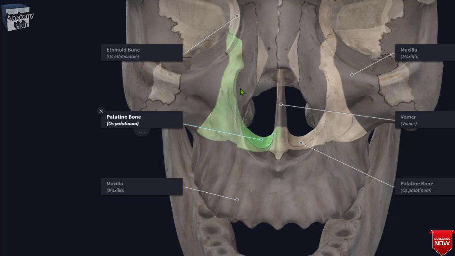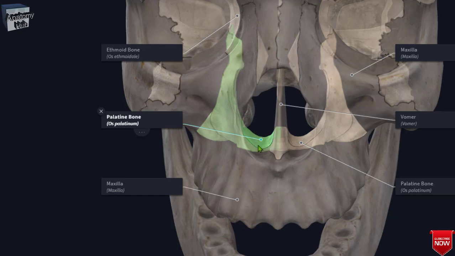The horizontal part of the palatine bone forms the posterior portion of both the hard palate and the floor of the nasal cavity.